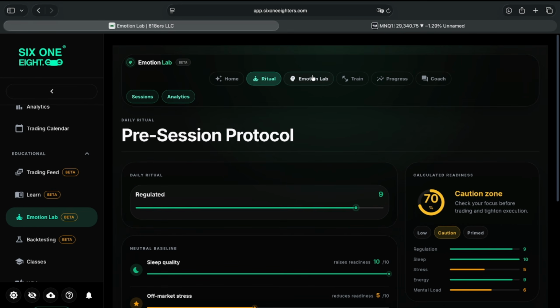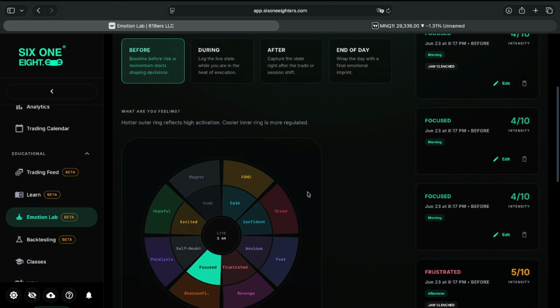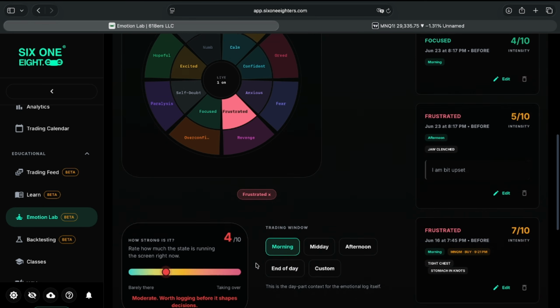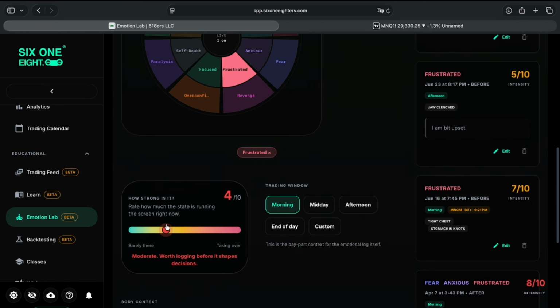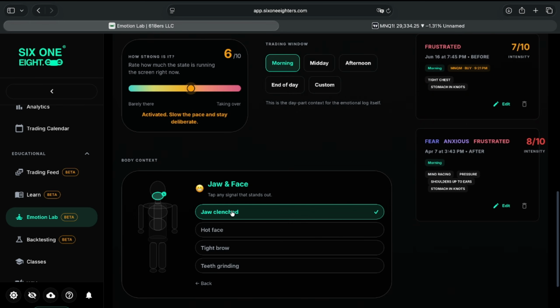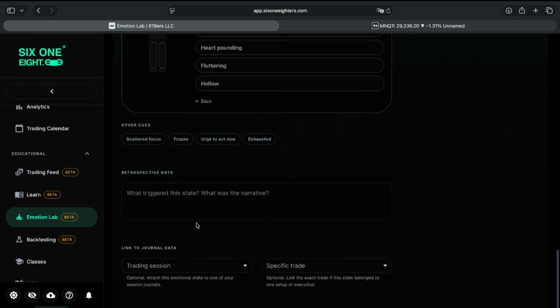Then what I wanted to actually show you: before, I was a little bit frustrated this morning, because some stuff didn't work out. My jaw was clenching, and my heart was racing.